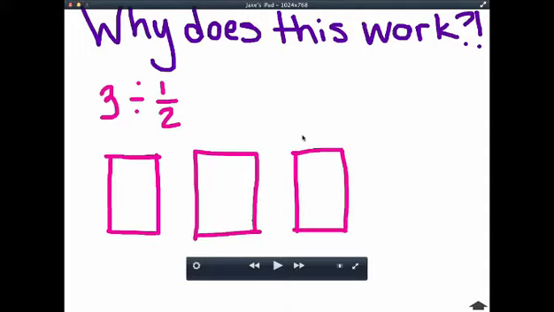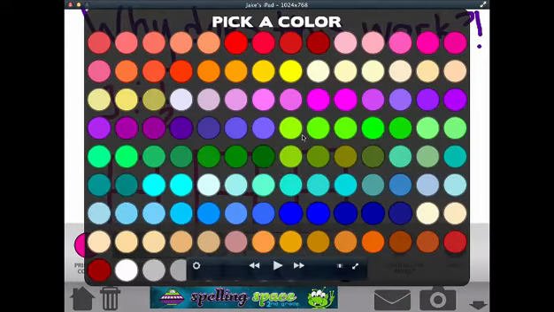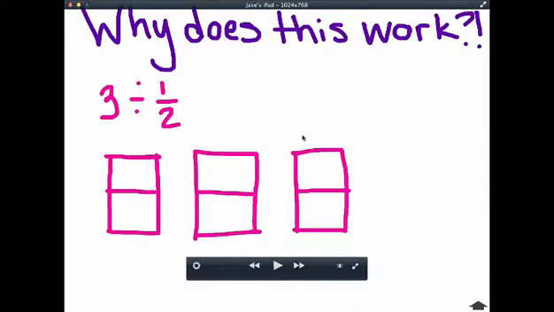Now, if we want to know how many servings of half are in these containers, we have to actually break these containers in half. So I'm going to break it in half here, here, and here. Now, I have 1, 2, 3, 4, 5, 6 servings of half in the 3 containers.